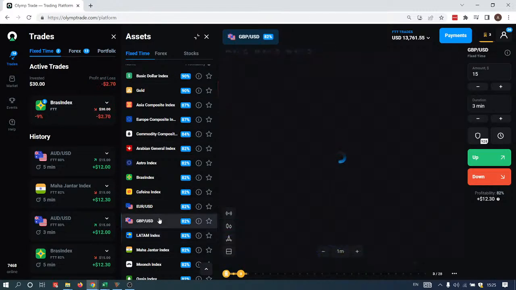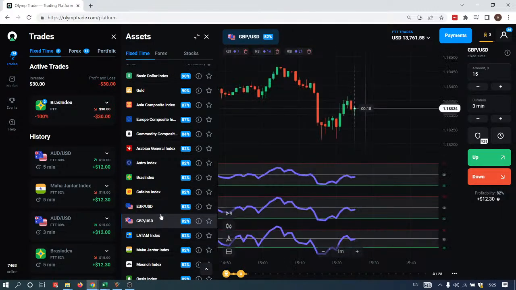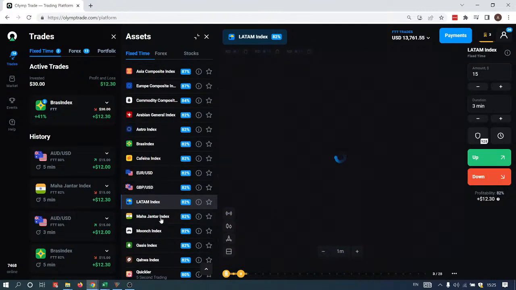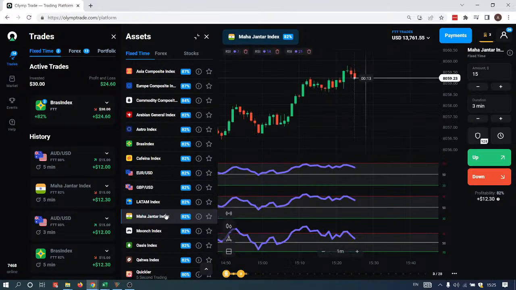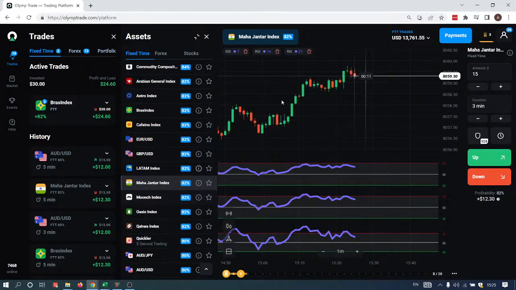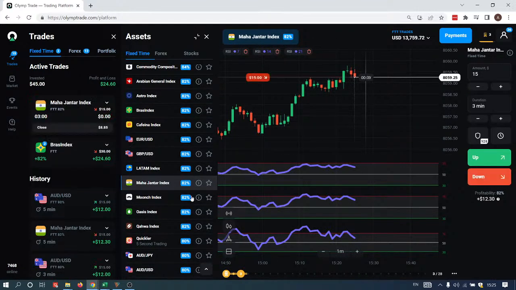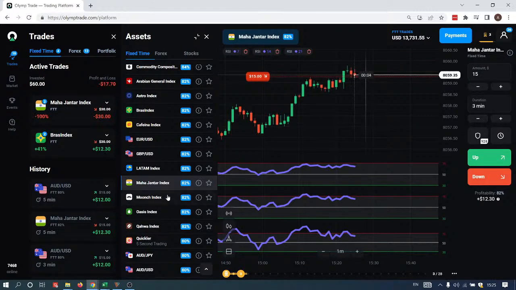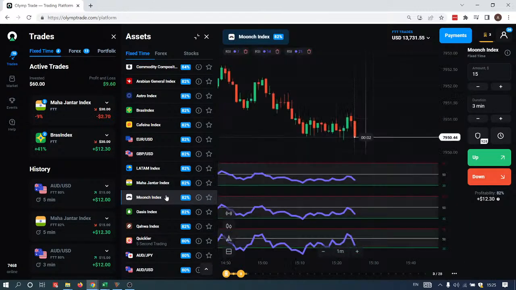From time to time I still open some trades like that, 5-second trades or 15-second trades, but I usually open them for fun.